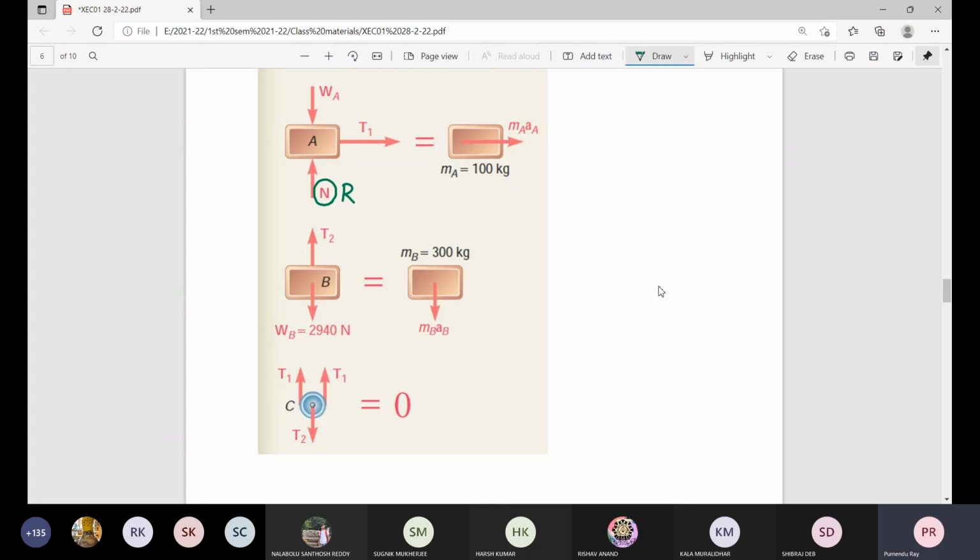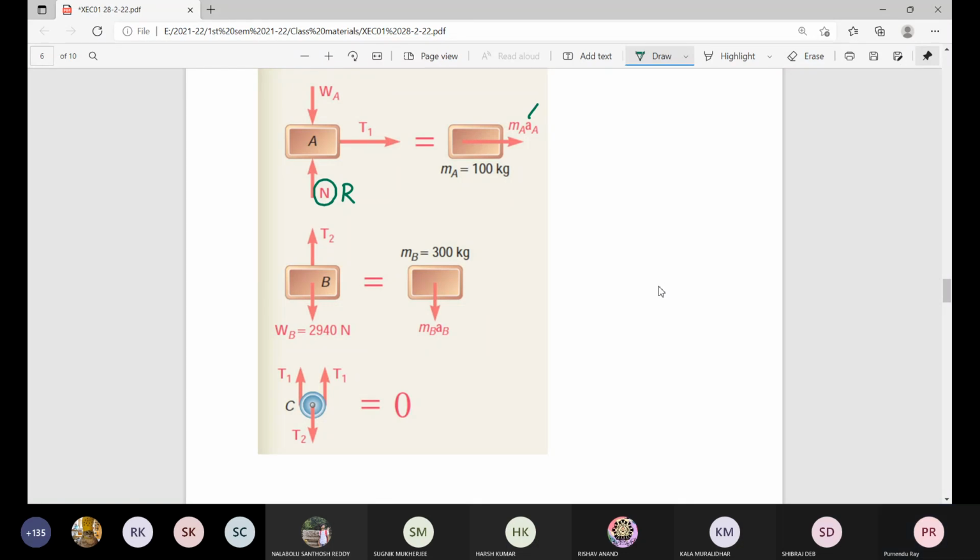So whatever tension T1 is applied by the hanging weight, block B, the total tension is producing this acceleration A of block A, which gives the equation of motion.